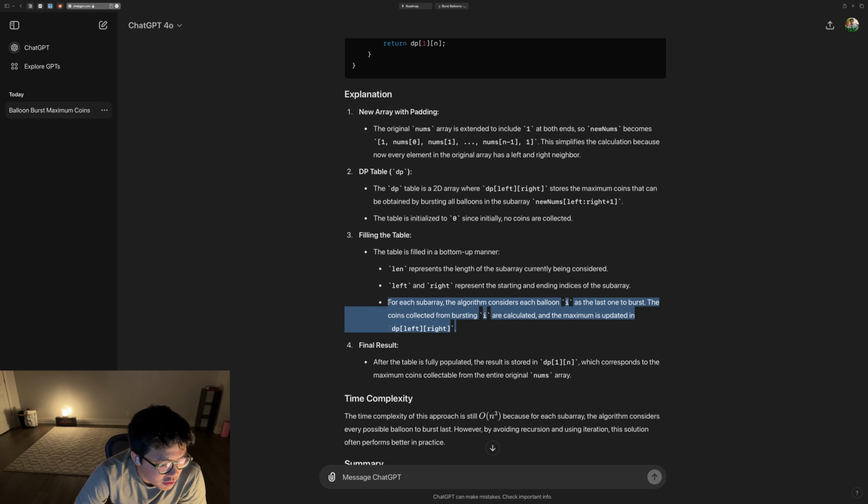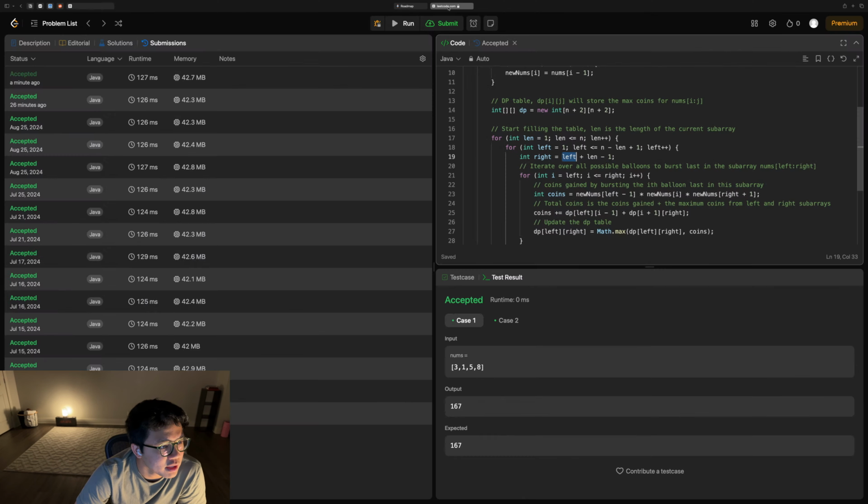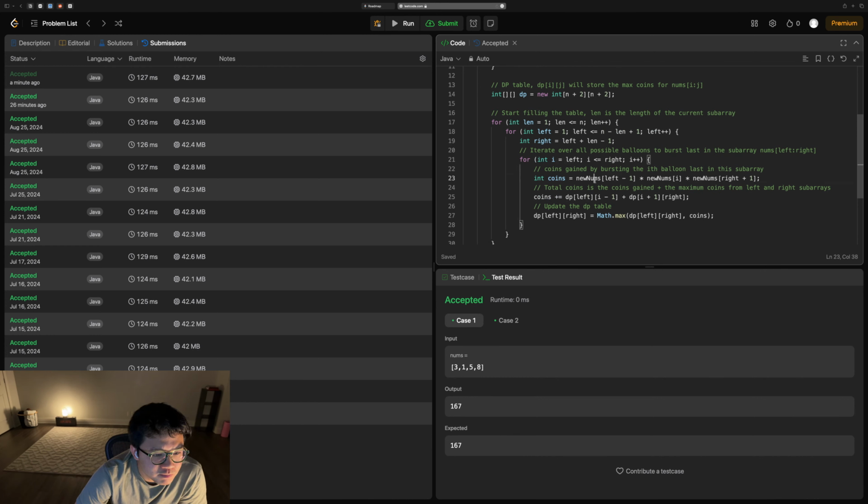For each subarray, the algorithm considers each balloon as the last one to burst. The coins collected from bursting are calculated and the maximum is updated in DP left to right. Oh, so I guess it's the same thing. That's actually not too terrible. Oh, yeah, it's doing the same thing.